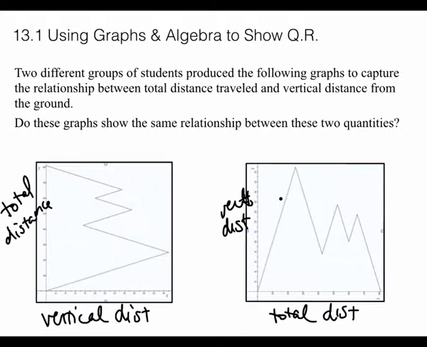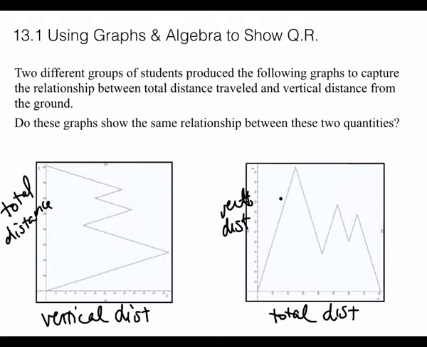So if I'm looking at a total distance of, whatever this is, like 90 or something, how many corresponding values of vertical distance are there? 1. Right? When I'm looking at a total distance of, who knows, like 150, there's exactly 1 corresponding vertical distance, right?